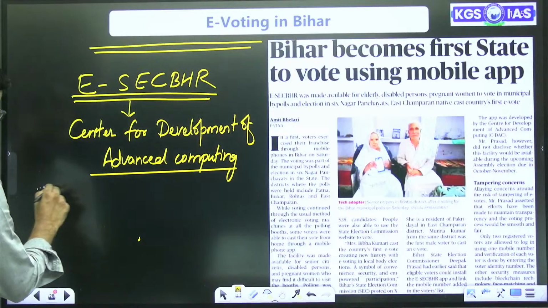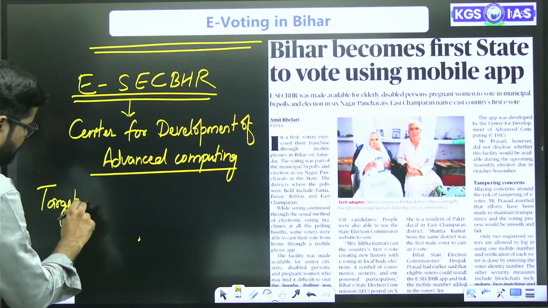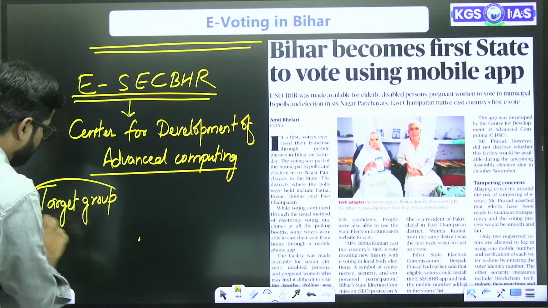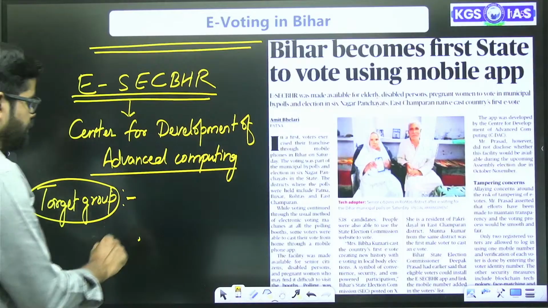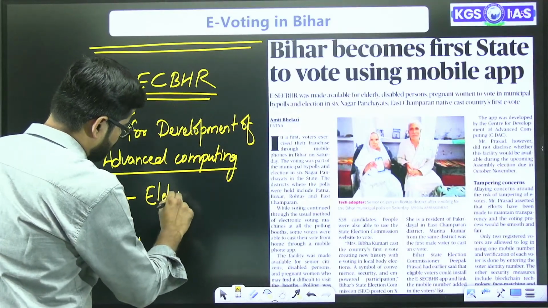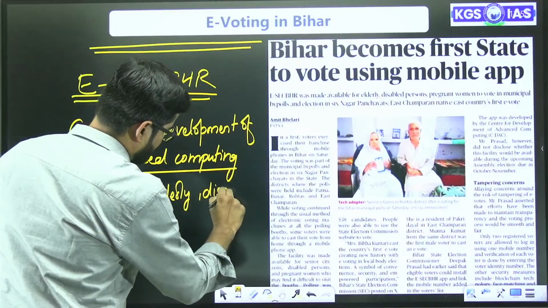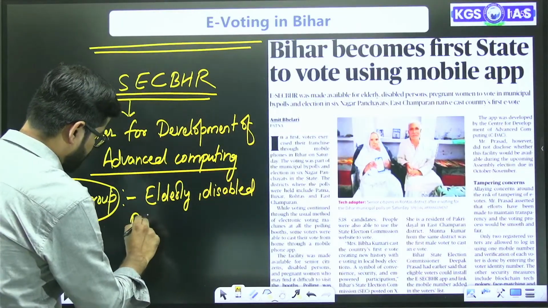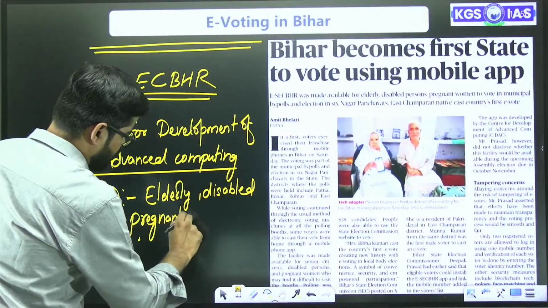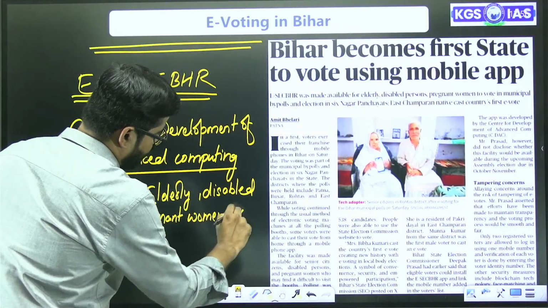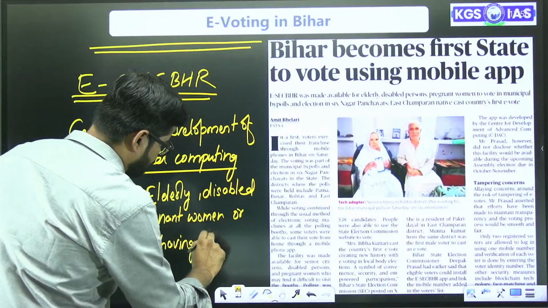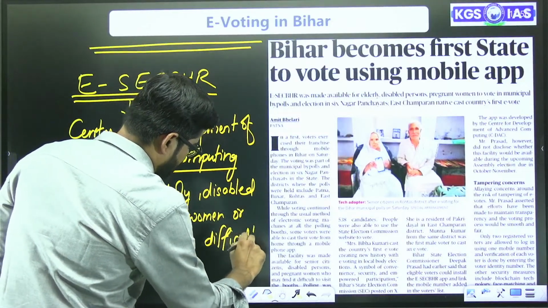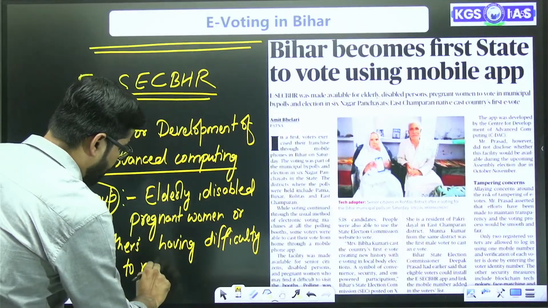Now, if we look at the target group, it is not for everyone. There is a target group for which it has been provided, like elderly, disabled, or pregnant women, or others having difficulty to reach the polling booth.